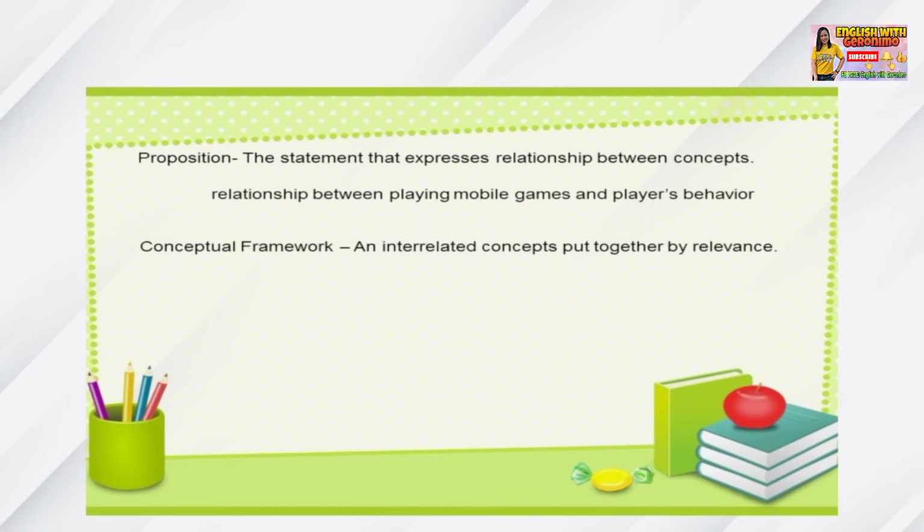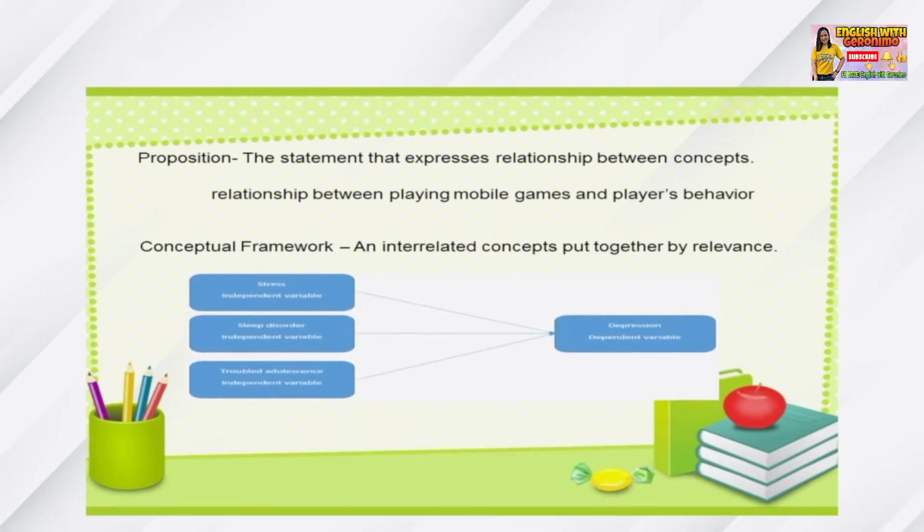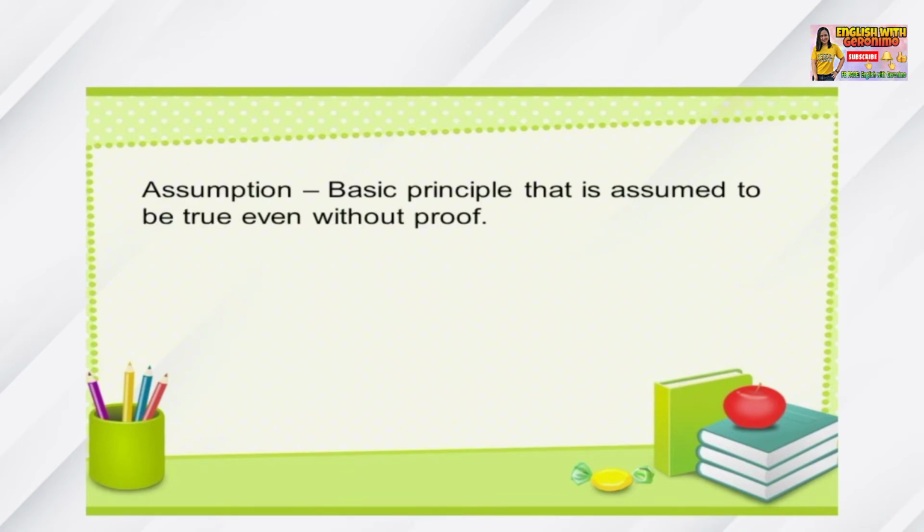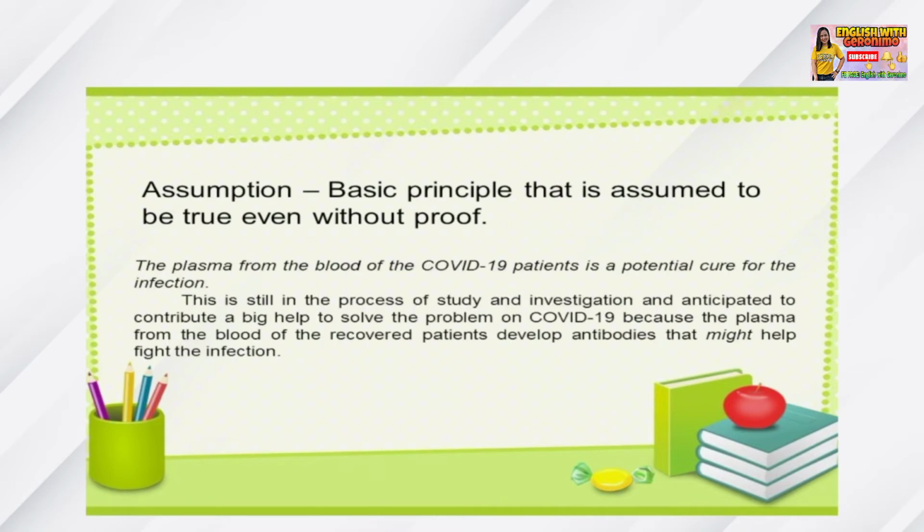Conceptual framework. It is an interrelated concept put together by relevance. Here is the example of conceptual framework. Assumption. Assumption is a basic principle that is assumed to be true even without proof.